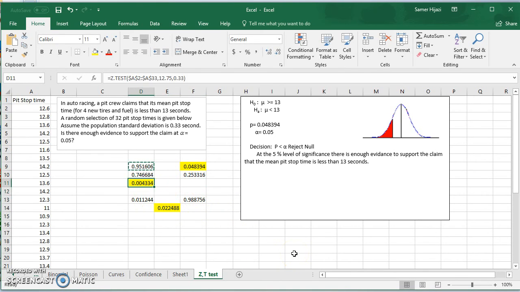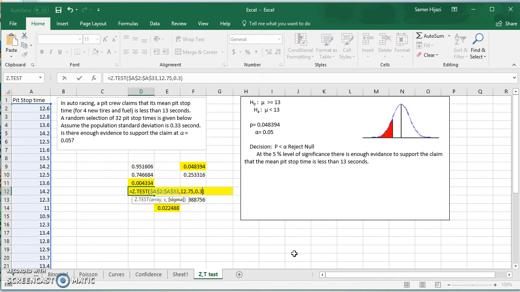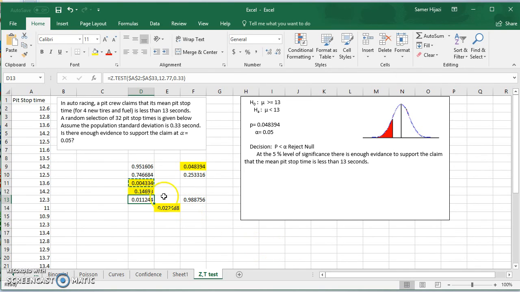If we repeat this for the sake of comparing them, you will see that it's a different p-value. In general, it's the same function, Z.TEST, which you use to find either the z-test or the t-test, and then use it to find the actual p-value based on the case that you have.